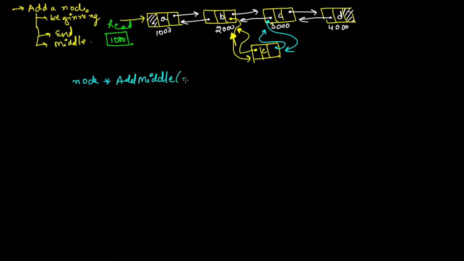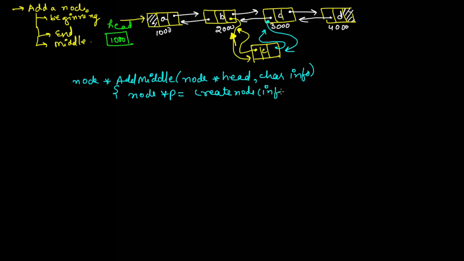It will take node star head, comma, character information. That means the data which we want to add. Then we are going to take node star P is equal to create node with this information. So we are going to call the create node function.